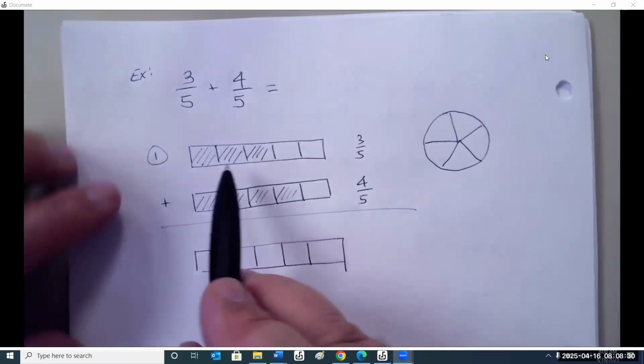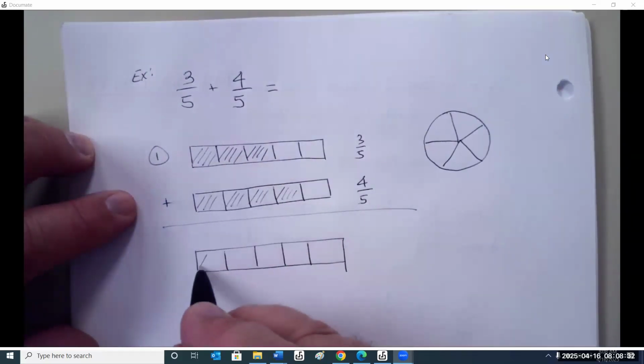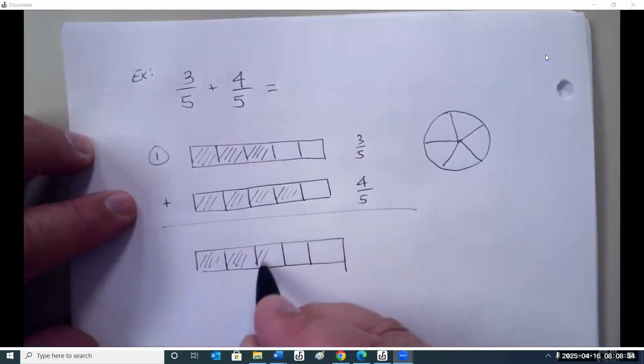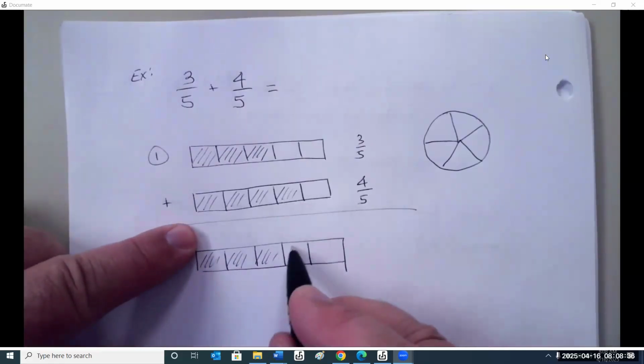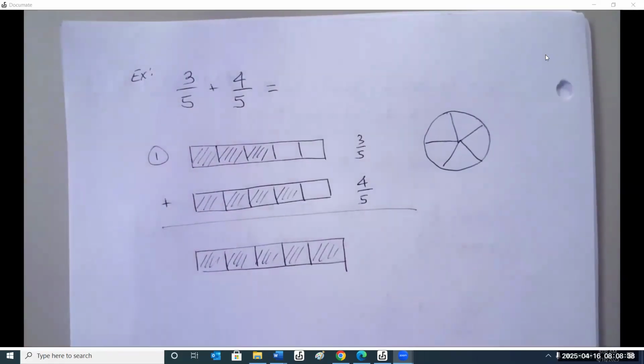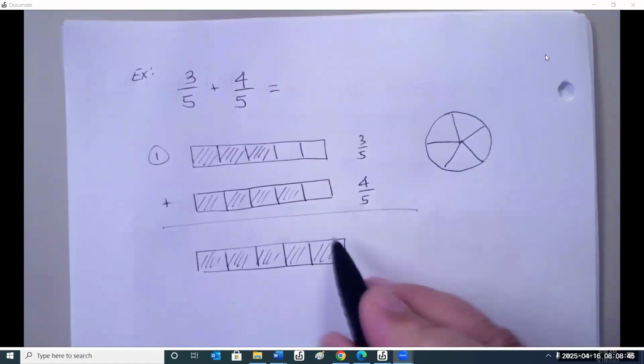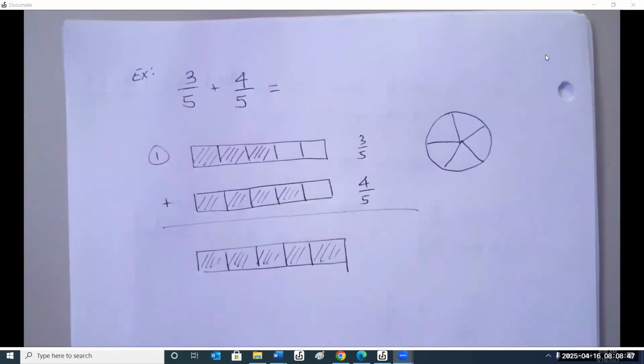When you add them together, you take these three, shade those in. Now you have to add these four. 1, 2. Uh-oh. We're out of space. So what do we do? We can't just add boxes. Why? How many boxes do we have to add?